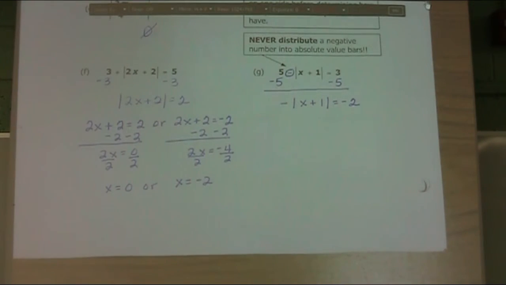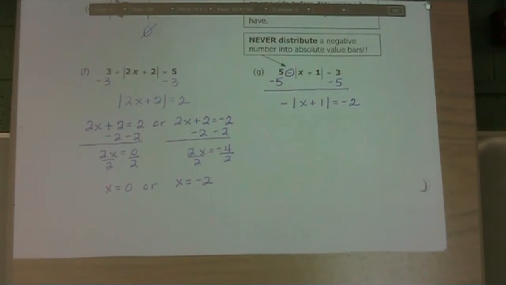All right, this negative in front of the absolute value bars is important. It's important in how you handle it. You cannot distribute a negative into absolute value because absolute value gets rid of negatives. All right?